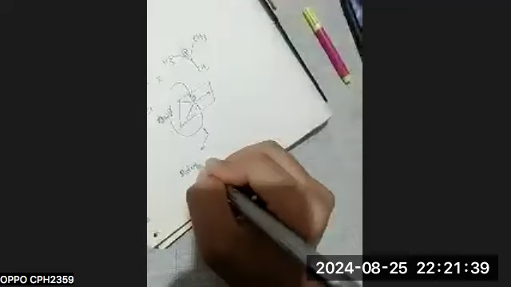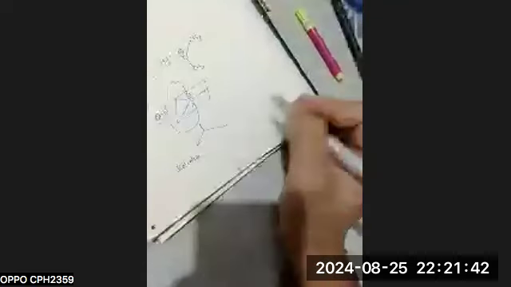Since it is in a planar form, the nucleophile can attack from the upside and also from the backside. So in this reaction we get two products: one is retention of configuration, and the other is inversion of configuration.